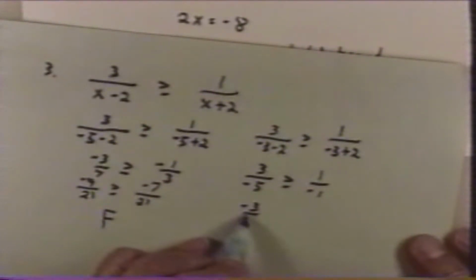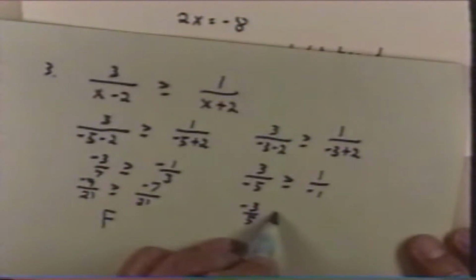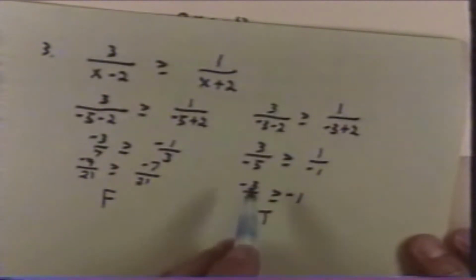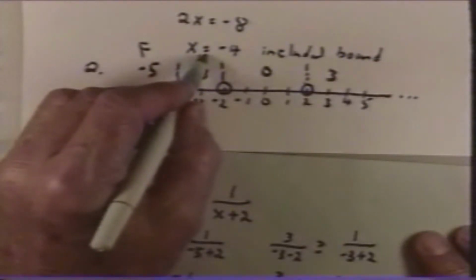A negative 3/5 greater than or equal to negative 1. Now this is going to be true, because a negative 3/5 is greater than a negative 1. So that gave me a true region.